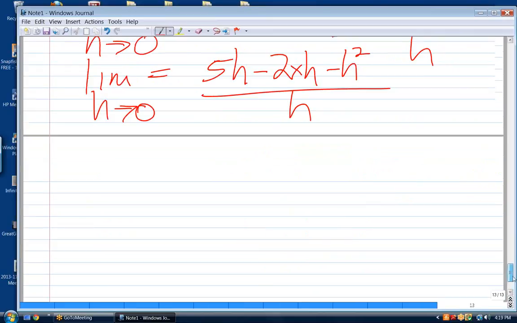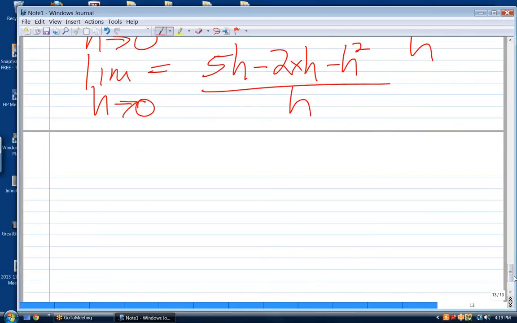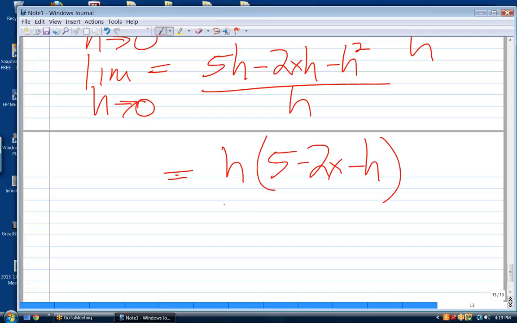Well, limits are difficult if the denominator is 0. But notice that in this case, I can factor out an h from the top. So I have 5 minus 2x minus h. Still have the h in the bottom, but now that cancels with that.